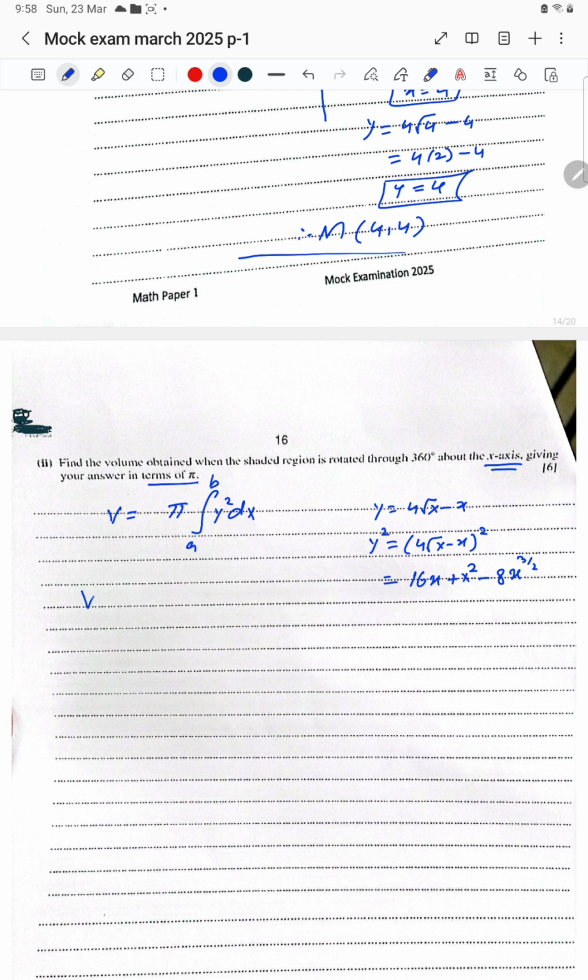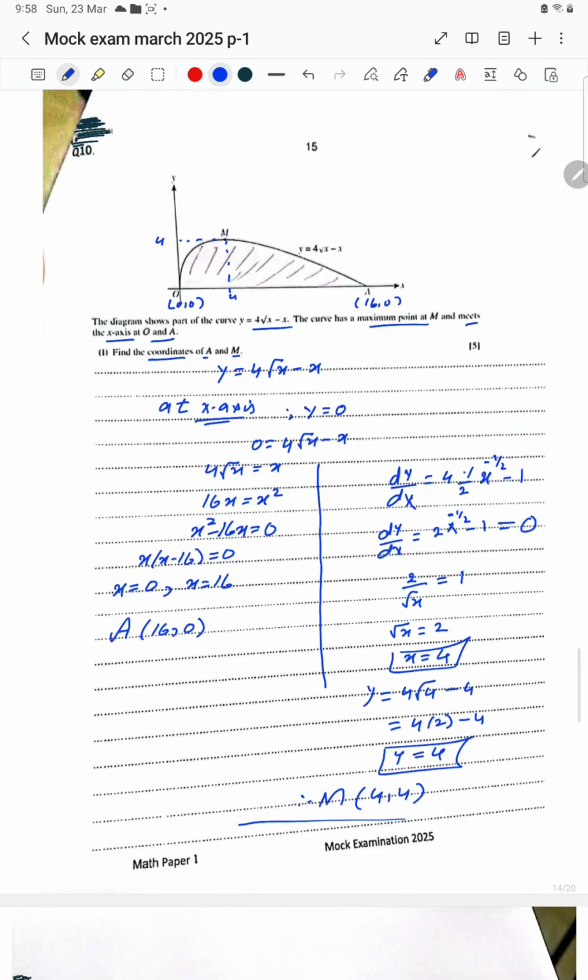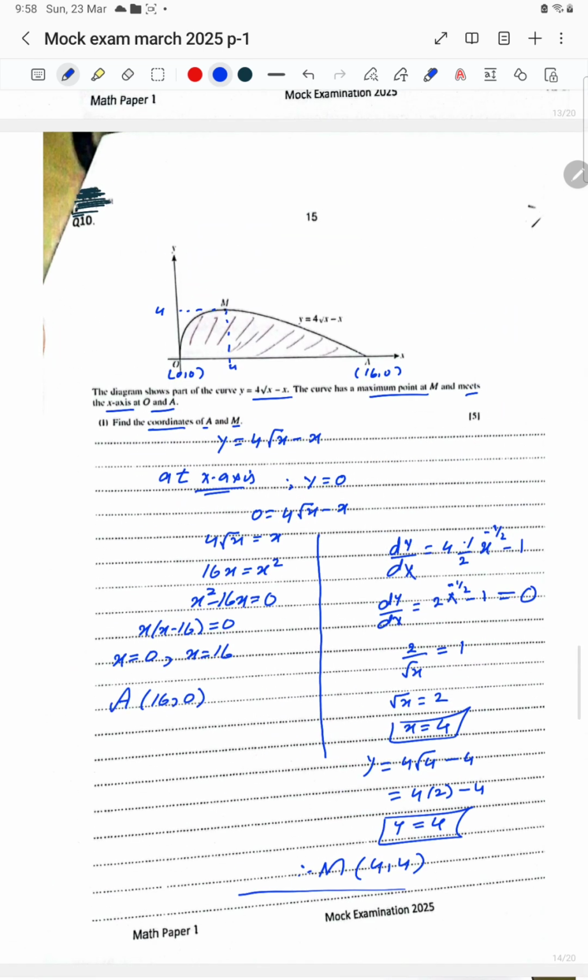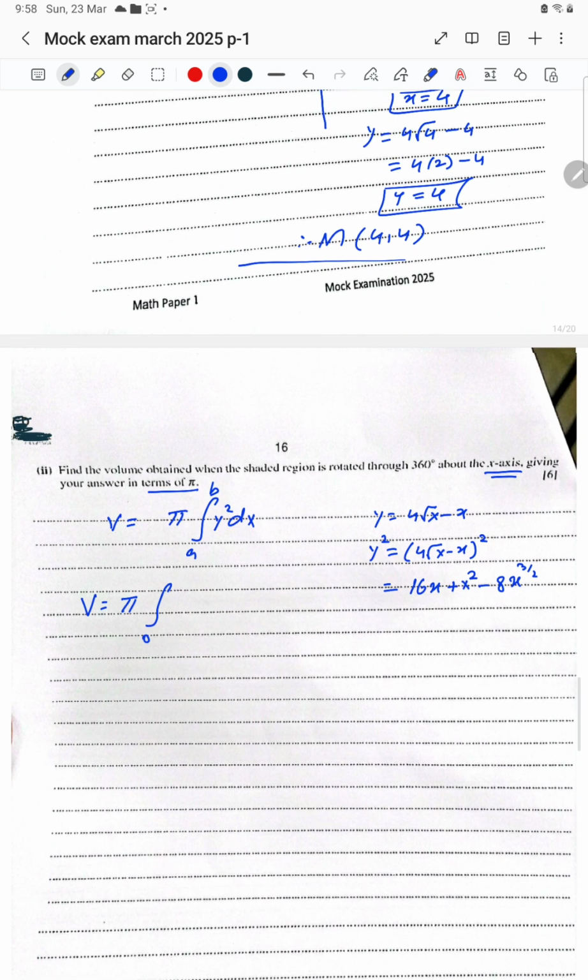So I will replace this here: π, and the limits are 0 to 16, because the x-axis points are 0 and 16. y² is 16x + x² − 8x^(3/2). We just integrate it, applying the basic principle of integration.